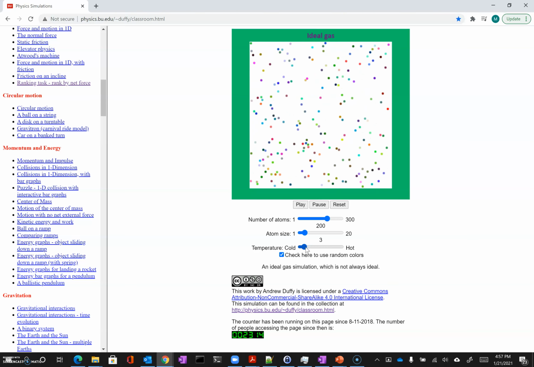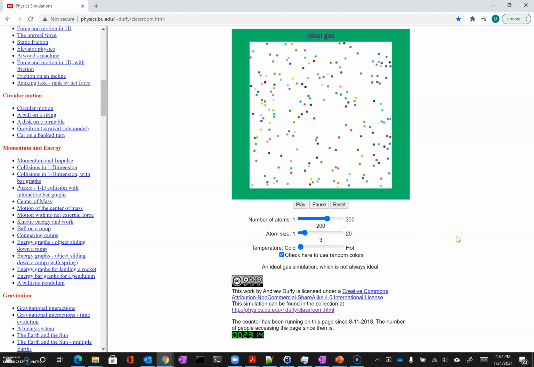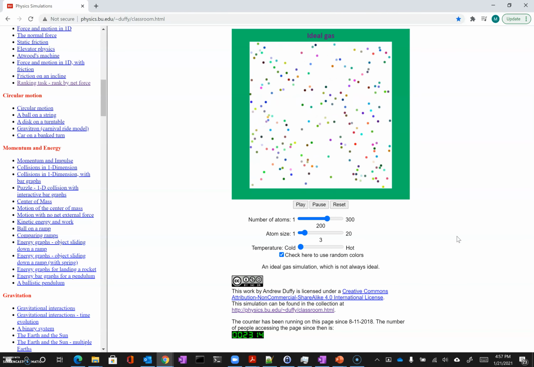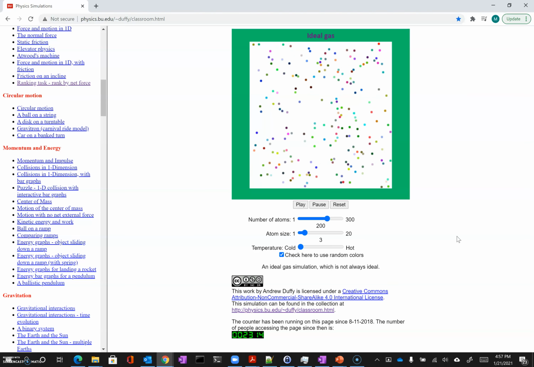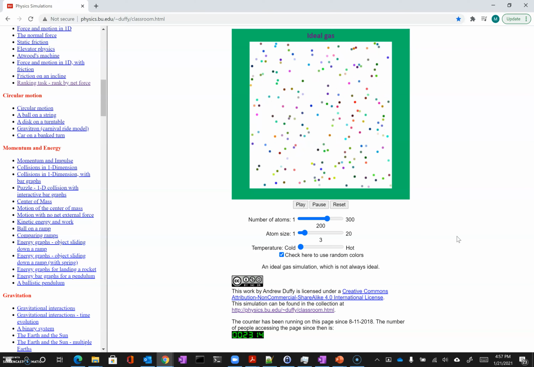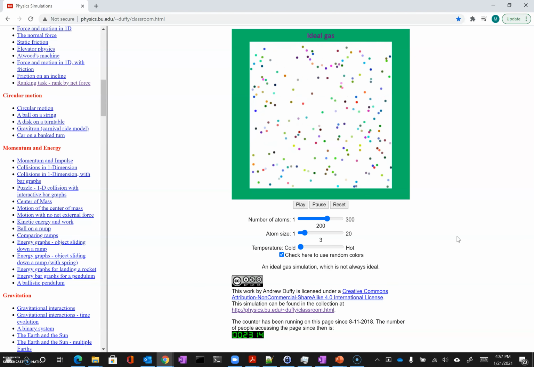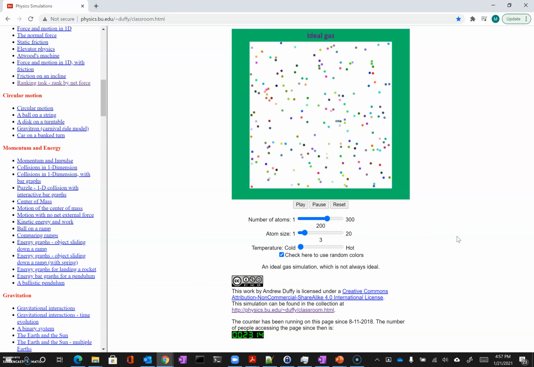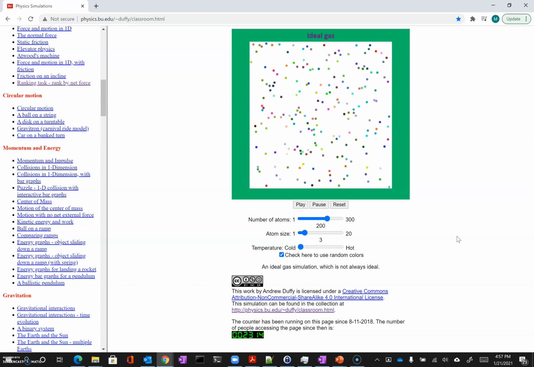And now they move very slow, and I can go to the minimum that I can have here. The simulation doesn't allow me to go slower than this, but eventually I'm going to get to a point where these particles are not moving. At that point where they are not moving, that's when we say we have zero temperature.